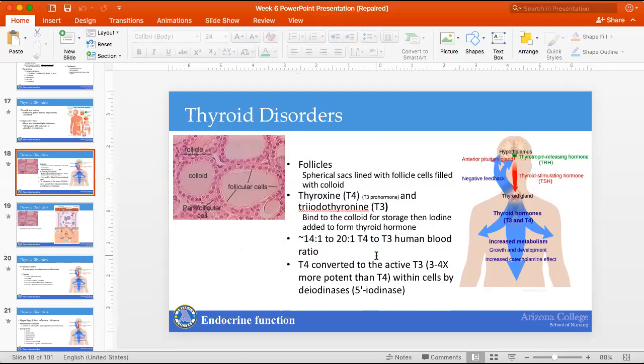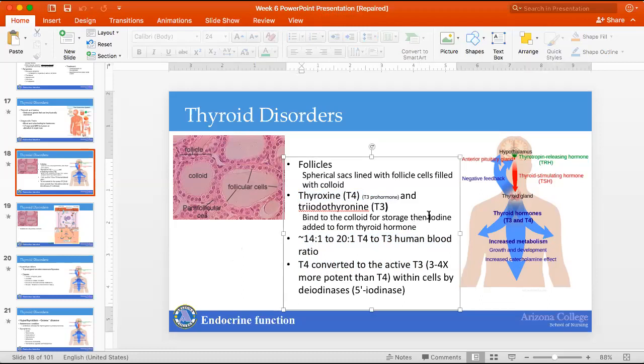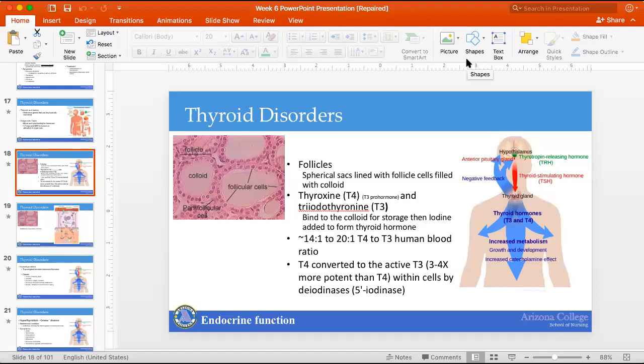This is probably more information than you need to know, but iodine is important for the formation of these hormones. Iodine, you probably have seen it on labels for salt.